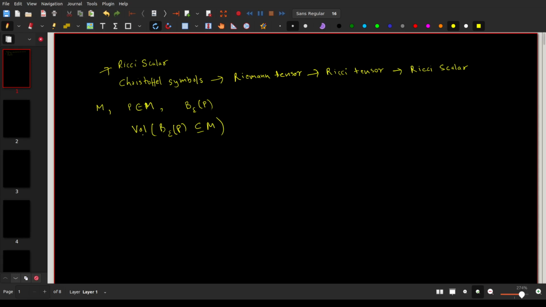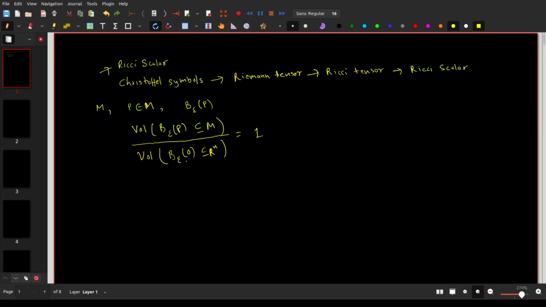and we take the ratio of this volume, we divide this volume with volume of ball of same radius at, say, origin in the Euclidean space. Here n is the dimension of the manifold. Then to 0th order in epsilon, this ratio will give 1.